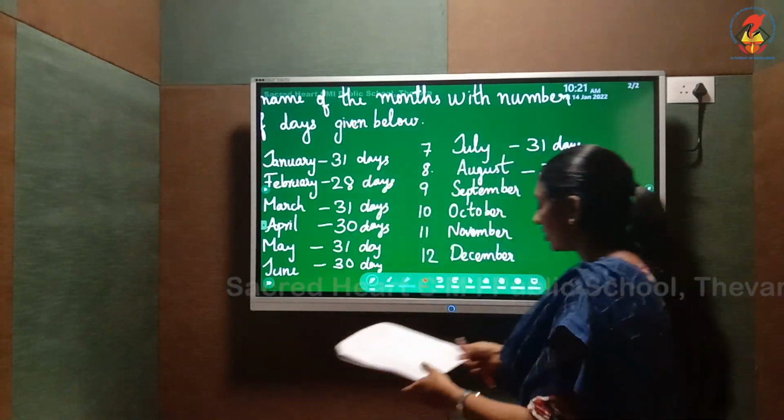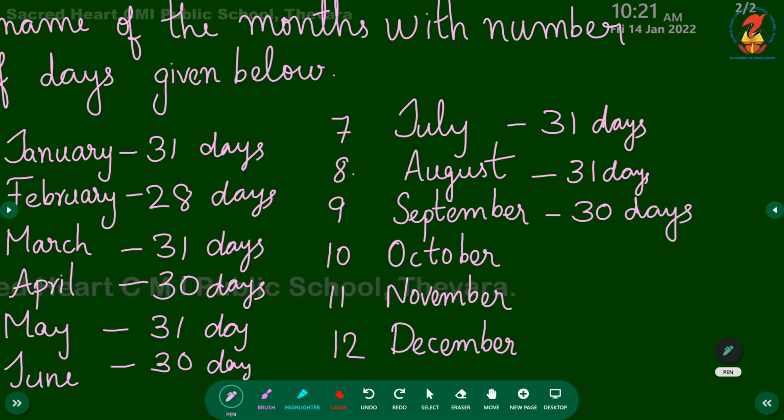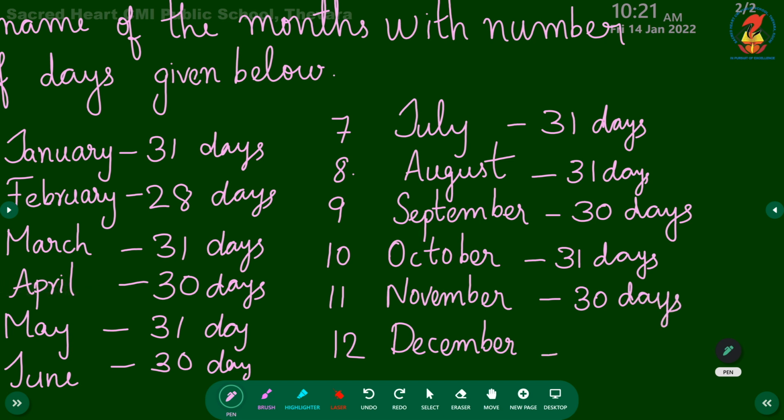Then September is 30 days only. Then October is 31 days. Then November is 30 days. Then December is 31 days.